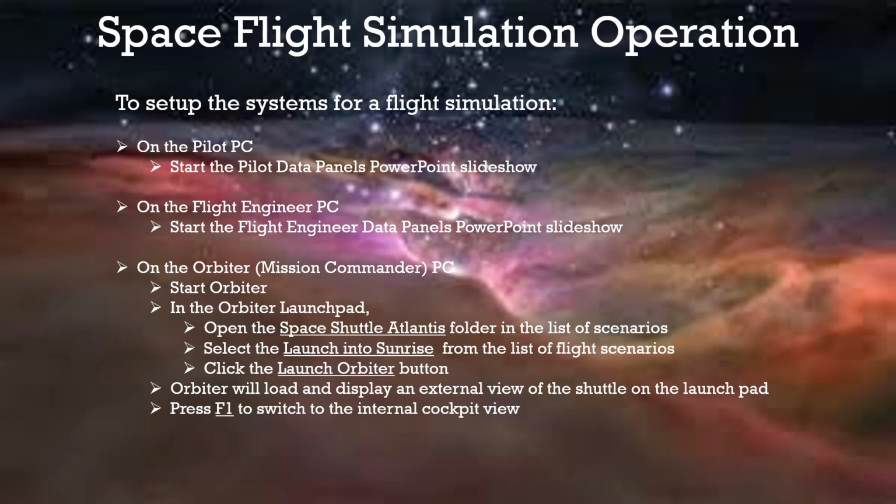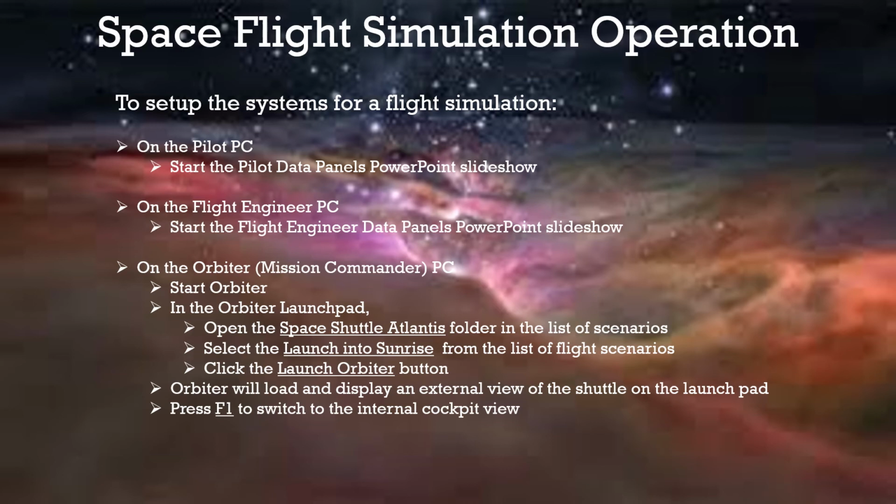Okay, once we have those set and running, we need to get the mission commander to get Orbiter started. So he'll double click on the Orbiter icon that we recommended placing on your desktop. And Orbiter will bring up the launch pad like we saw before in customization. Now, it comes up automatically in the scenarios tab.